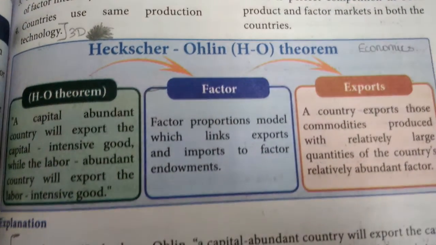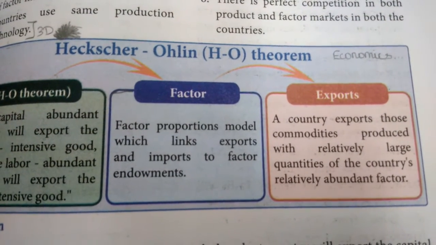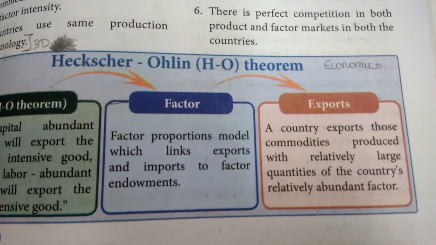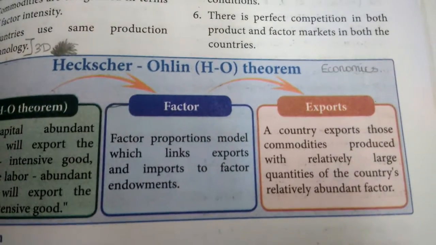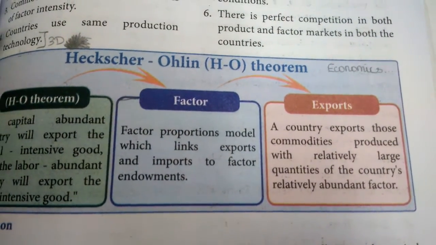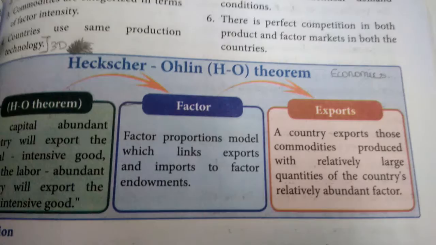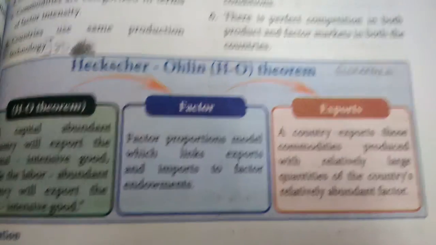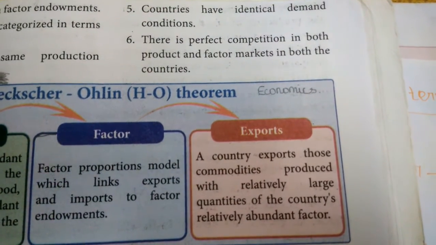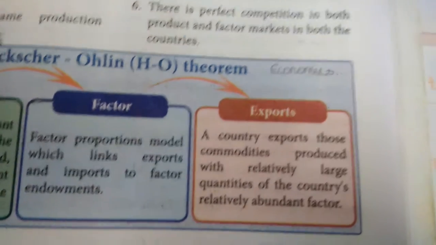The factor proportions model links exports and imports to factor endowments, in which proportions the two nations use factors to produce the commodities. The proportions are linked with the factor endowments. A country exports those commodities produced with relatively large quantities of the country's relatively abundant factor.